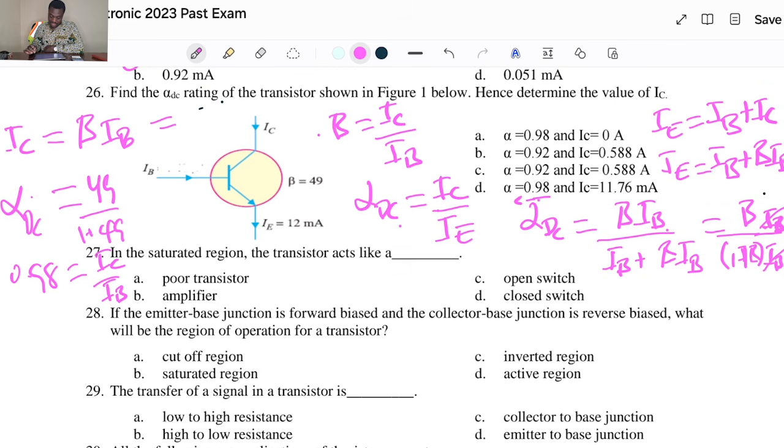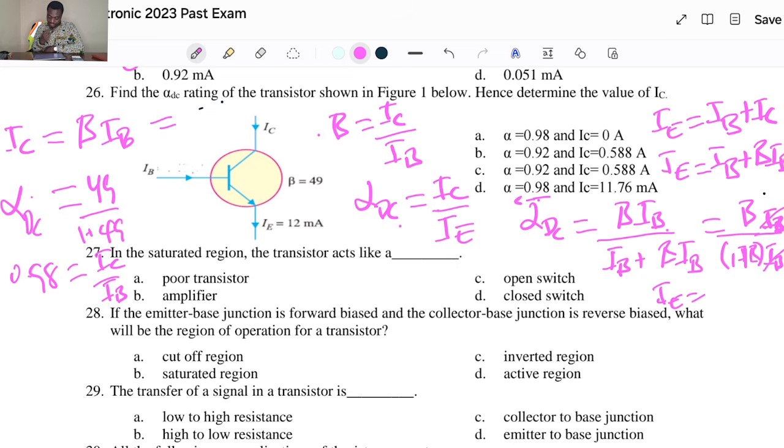Based on this, we know that IE is just going to be IB plus IC. So how do we find the collector current IC? If I have IE equal to IB plus IC, we don't know the base current.